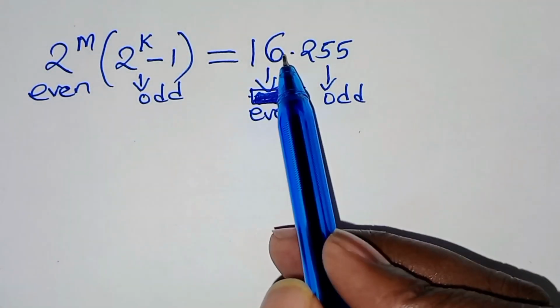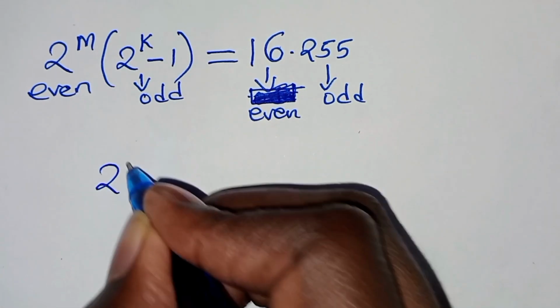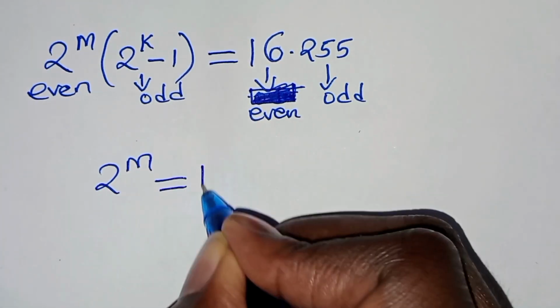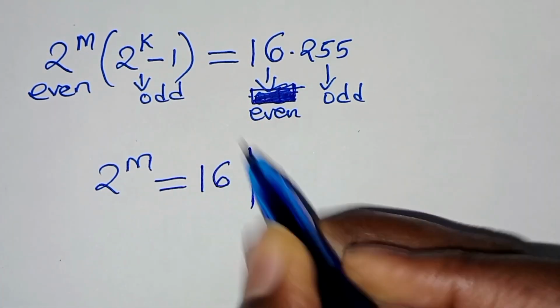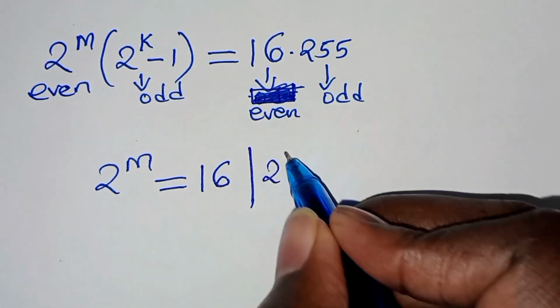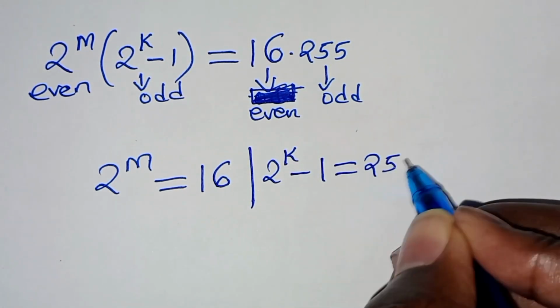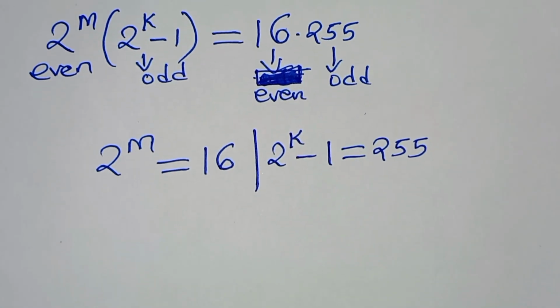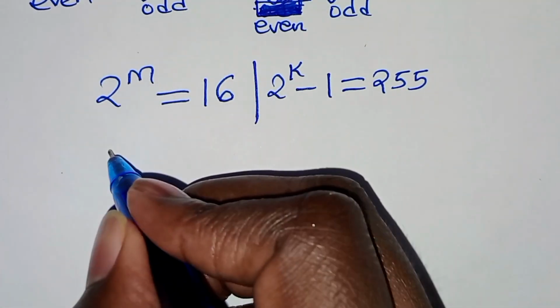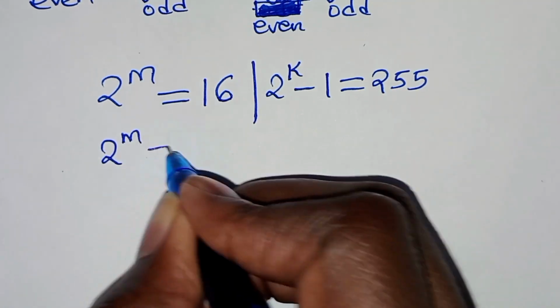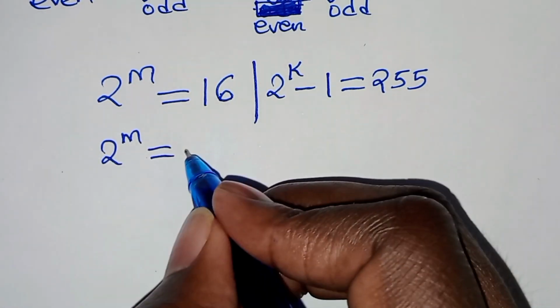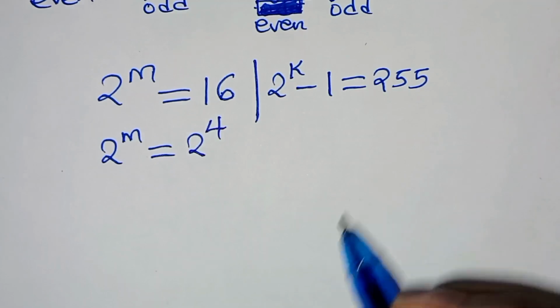Now making the comparison here, we have 2 to the power m equal to 16, and 2 to the power k minus 1 equal to 255. So this implies that 2 to the power m is equal to 16, which is 2 to the power 4.